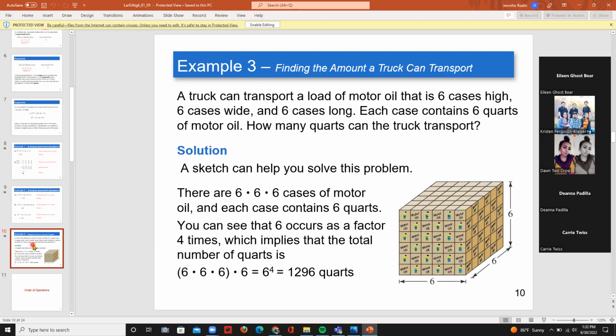So here's an example of that volume situation. A truck can transport a load of motor oil that's 6 high, 6 wide, and 6 long. So like I was saying before, in story problems, just filter out what you need. We need to know that it's going to be a box shape or a cube. It's a rectangular solid that's a cube, same size on length, width, and height. And then it says how many quarts can the truck transport.